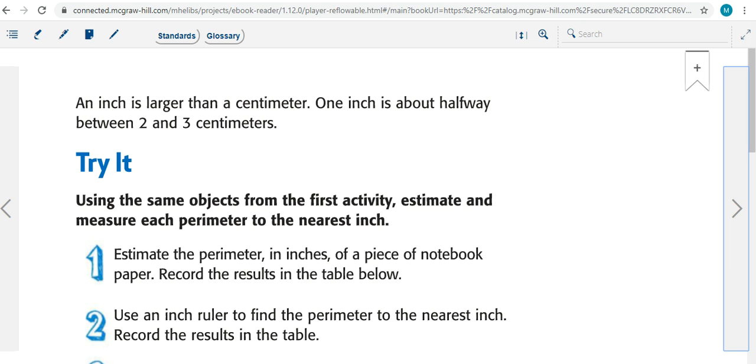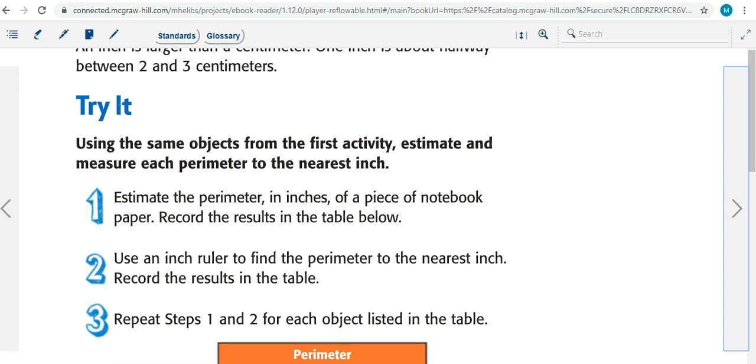Your ruler has 12 inches, and most common rulers have 30 centimeters. So an inch is larger than a centimeter. 1 inch is about halfway between 2 and 3 centimeters. So inches are not very large, but they are larger than centimeters.